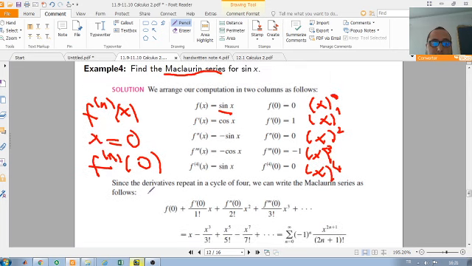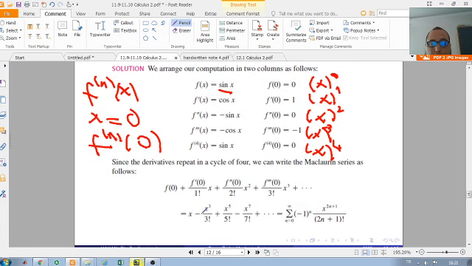Therefore, since the derivatives repeat in a cycle of 4, we can write the Maclaurin series as follows. We have f of 0 is equal to 0, as I said. The first term becomes 0. Therefore, we are interested in odd numbers for the powers of x. So x to the power 1 corresponds to 1, therefore we write x minus, because the next one becomes 0 because of the equality written here.